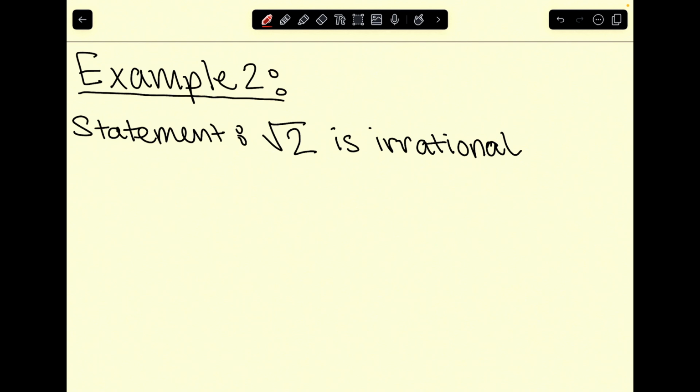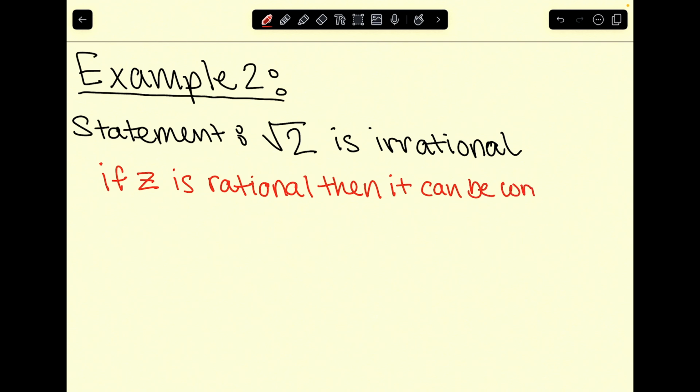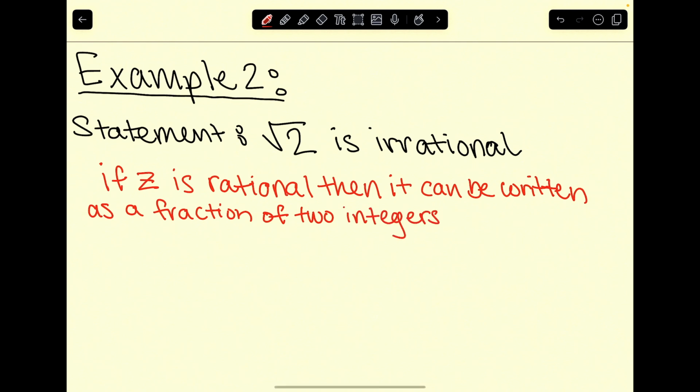You need to be very familiar with rational numbers in order to begin this proof. If a number is rational, that means it can be written as a fraction. If z is rational, then it can be written as a fraction of 2 integers in simplest form.